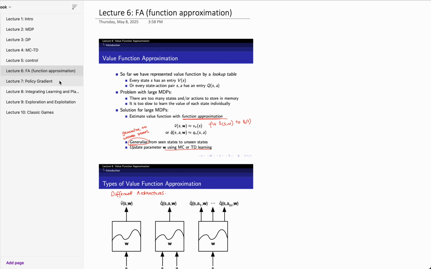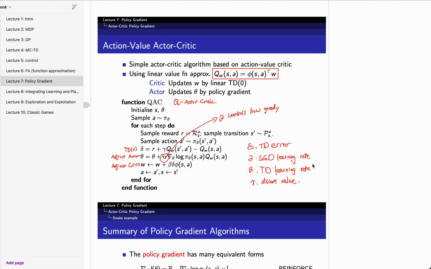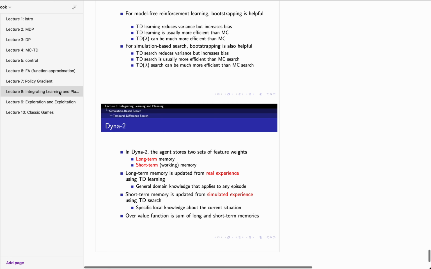He also used a neural network to replace the action value functions, and talks about the idea of actor-critic, which uses both the value function and the policy. And then in lecture 8, he combines all the previous ideas and introduces model-based learning.